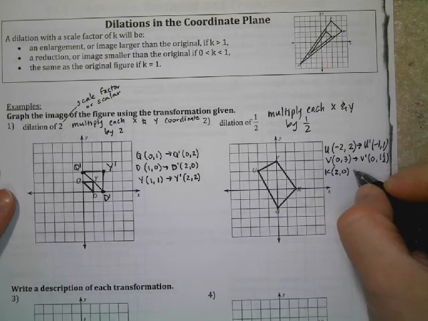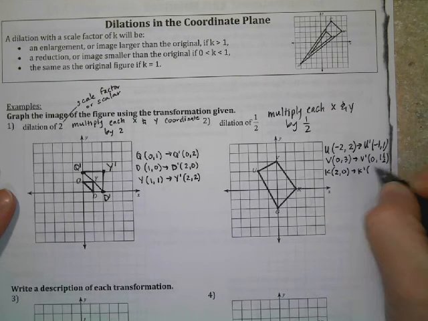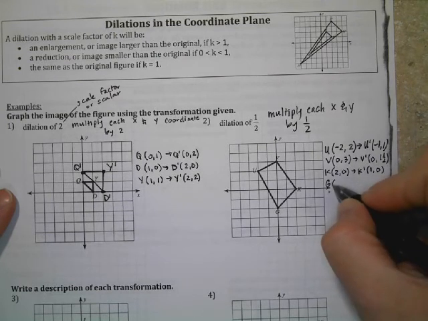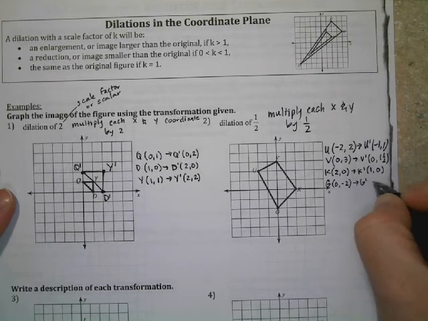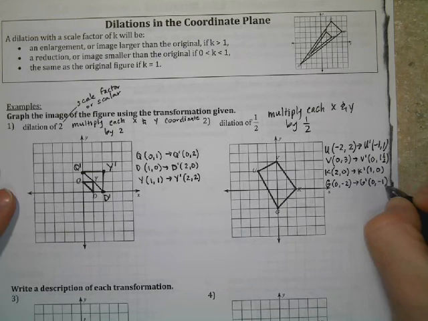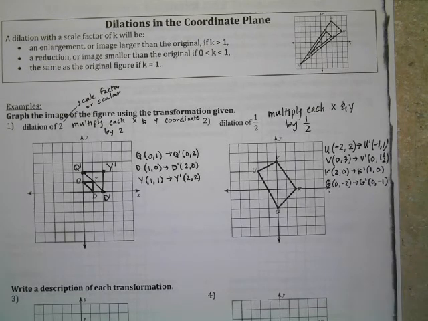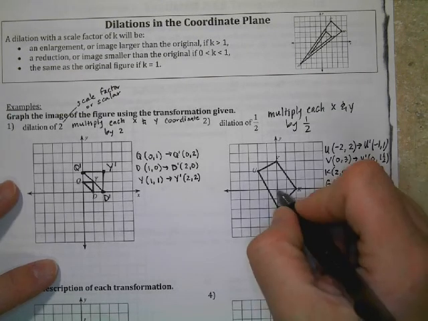K is at 2, 0. So K prime is going to be at 1, 0. And G is at 0, negative 2. So G prime is going to be at 0, negative 1. Okay, so it's going to make it smaller.